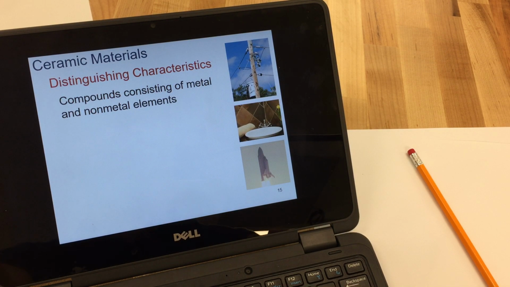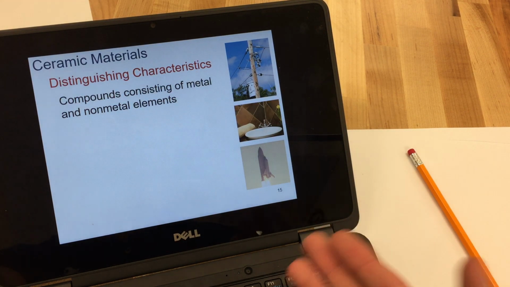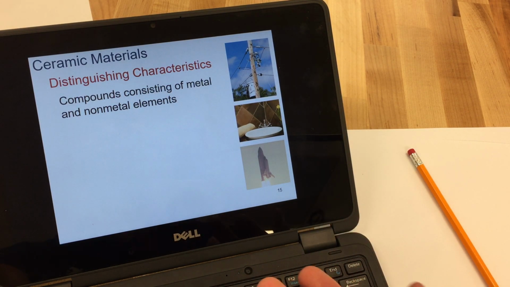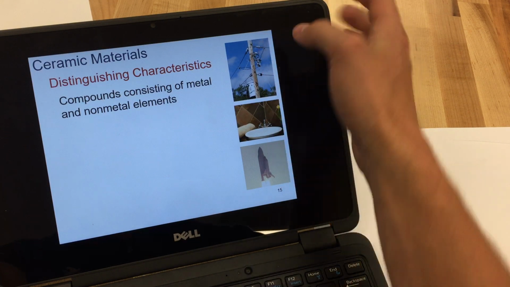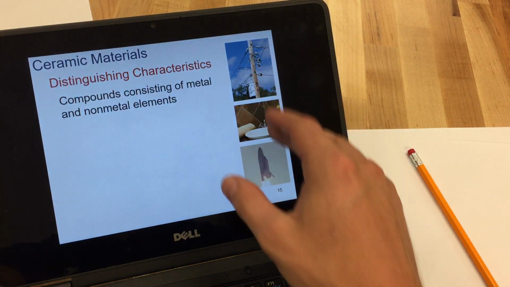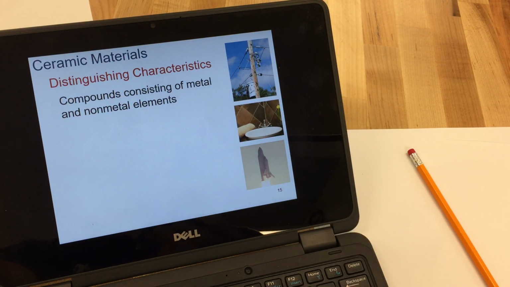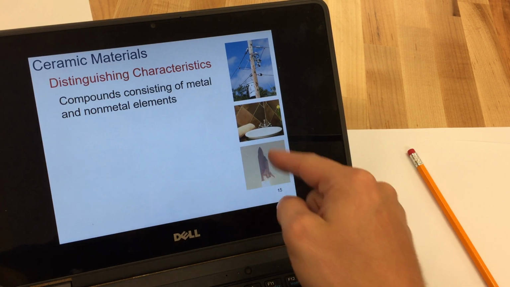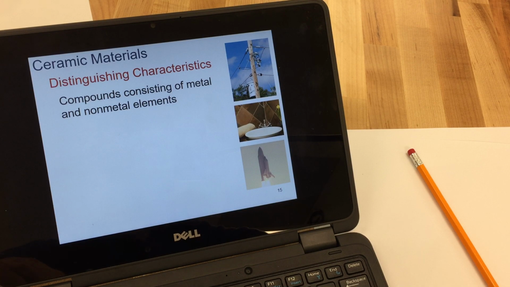All right, ceramic is exactly what it sounds like. Pottery, sinks, toilets, all types of ceramics. These tube-like things on power lines, right? They are typically used to protect against electricity. Here on our space shuttle, the bottom is actually covered in ceramic tiles, and that's used for re-entry.